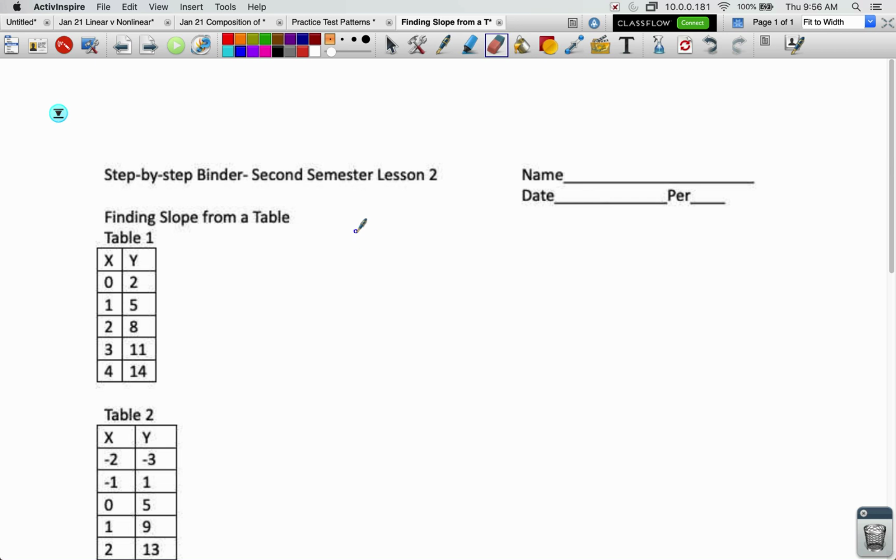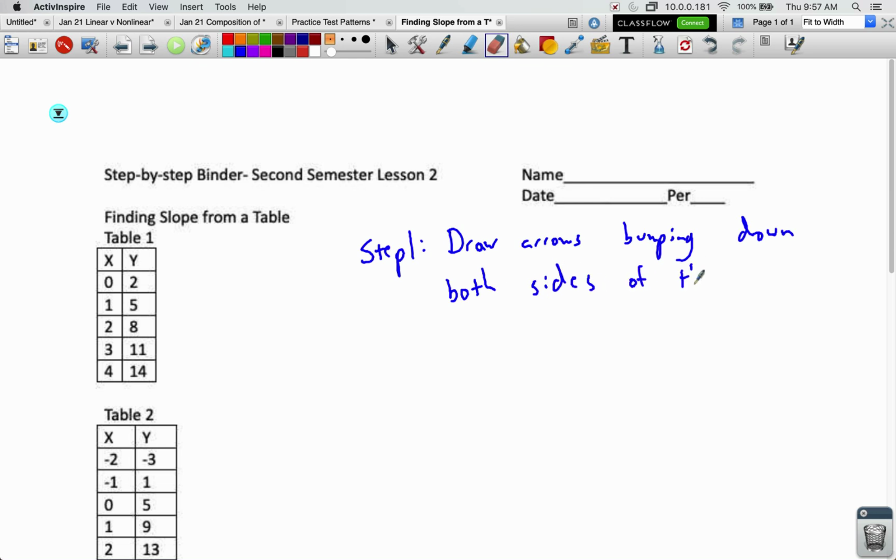All right, how do we find the slope of a table? Step 1, we need to draw arrows bumping down both sides of the table.